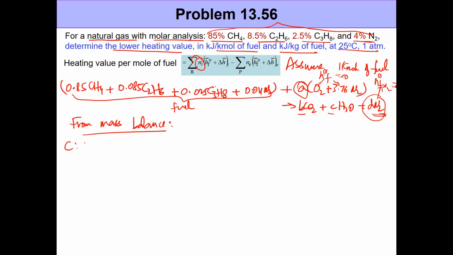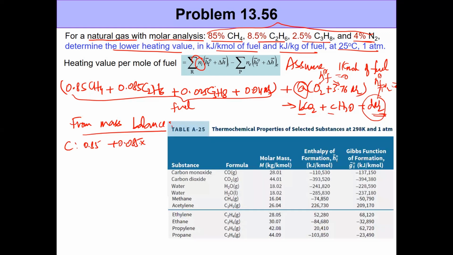So when we look at carbon, we have 0.85 times 1 atom of carbon from CH4 plus 0.085 times 2 atoms of carbon from C2H6 plus 3 times 0.025 from C3H8. This is all what we have on the reactant side, and this is going to be equal to B on the product side, because it's just 1 atom of carbon in CO2, right?